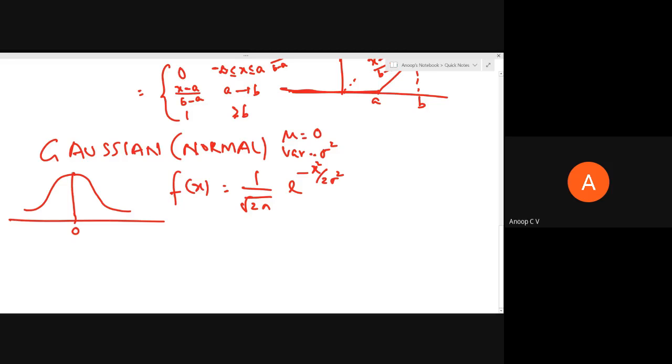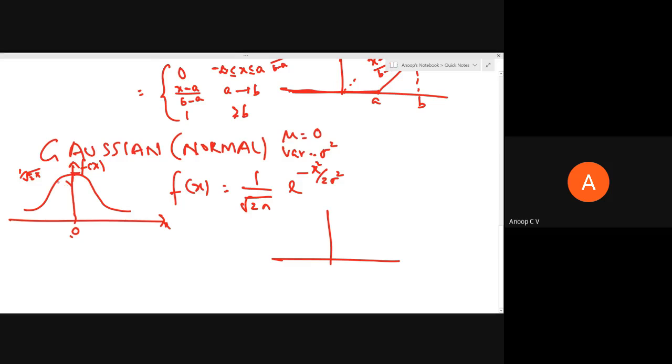What will be the value of this function, f of x? It will be equal to 1 by root 2 pi when x is equal to 0. The corresponding probability distribution function, you can see this is symmetric about x equal to 0, right?